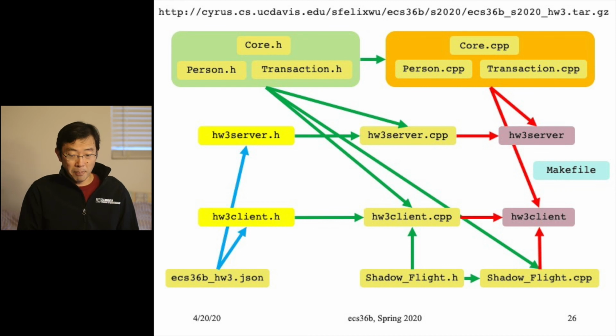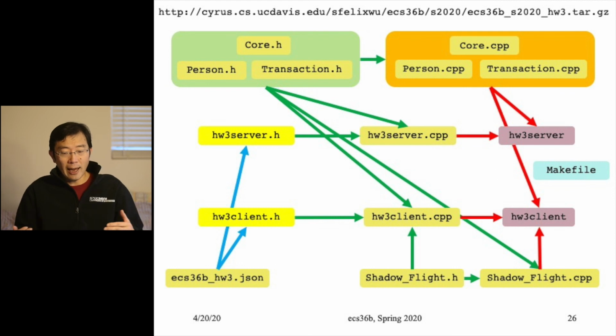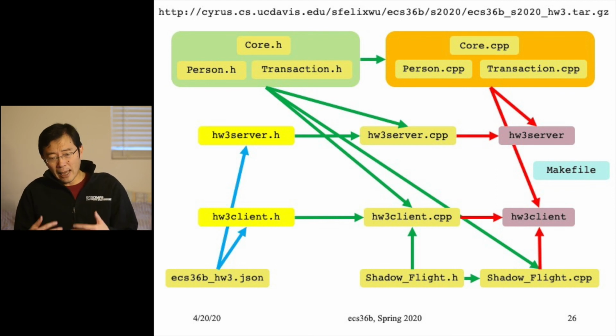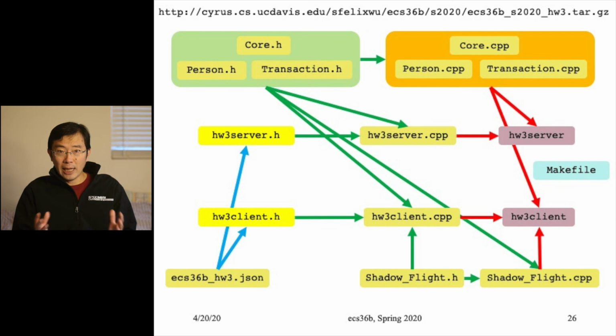If you want to generate HW3 client, you will need more, because now you need shadowfly.cpp as well. You don't need to worry about that. This is essentially the flow of compilation that the make file is trying to control. It also tells you how these more than 10 files are related to each other and how you actually get it to run.